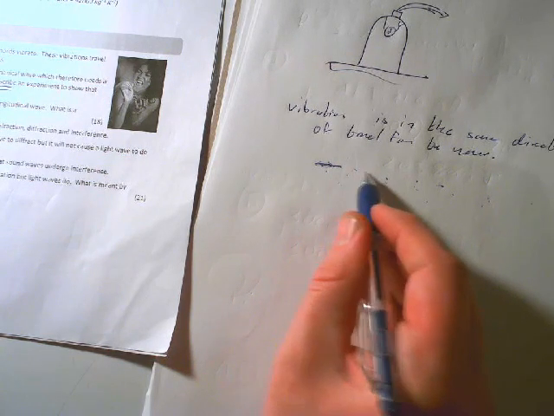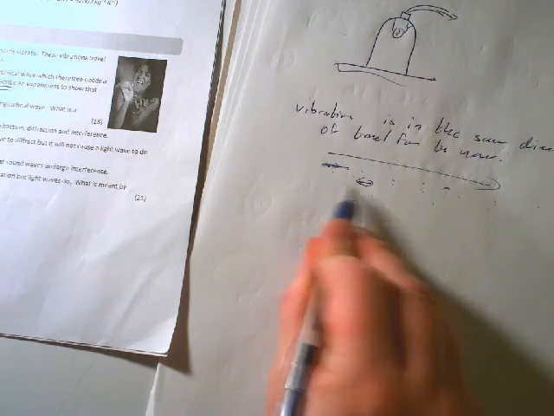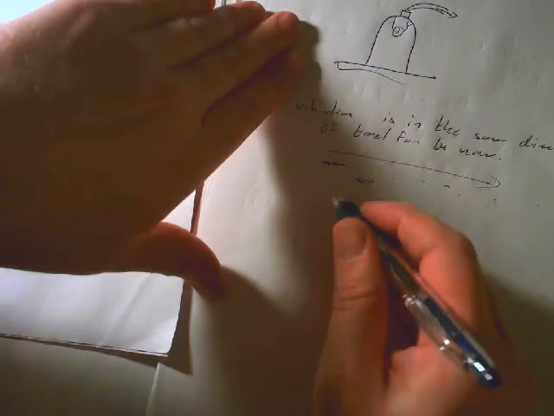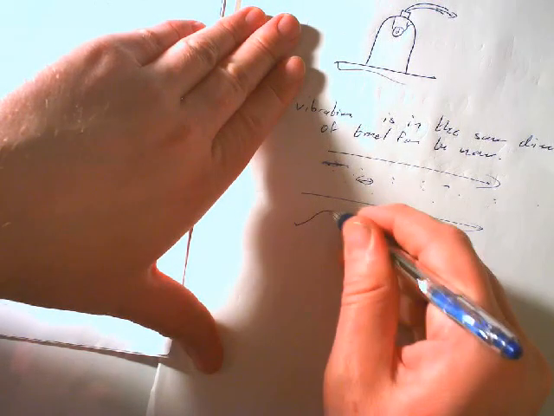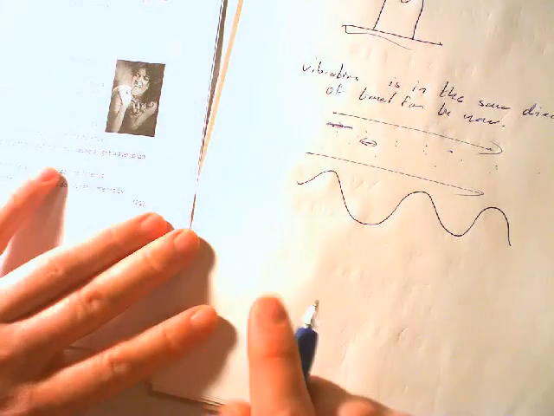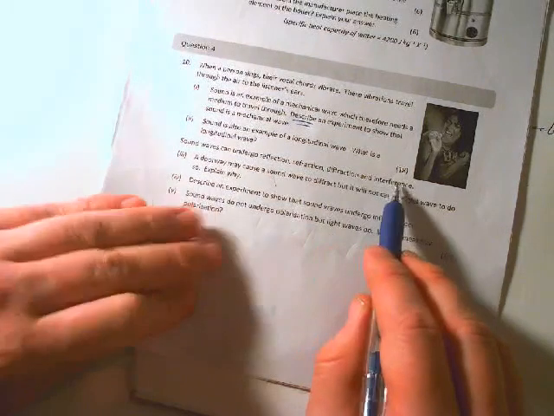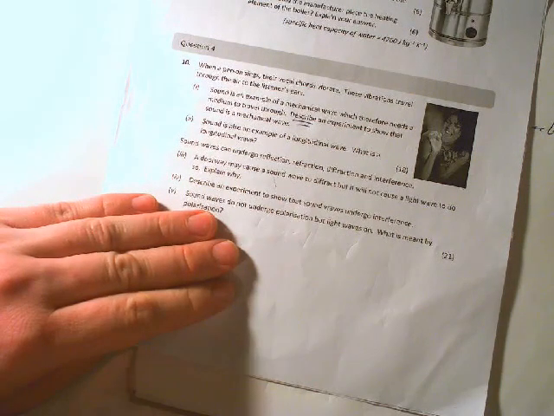You've got your particles of air, and when sound passes through, this particle will vibrate back and forth in that direction, then pass the energy onto this particle, which will vibrate back and forth, which will pass it to this one, back and forth. The wave is traveling in this direction, and the particles are vibrating in the same direction, as opposed to the other type, which is transverse, when the waves travel in one direction and vibrate at 90 degrees. The traditional wave, the sine wave.